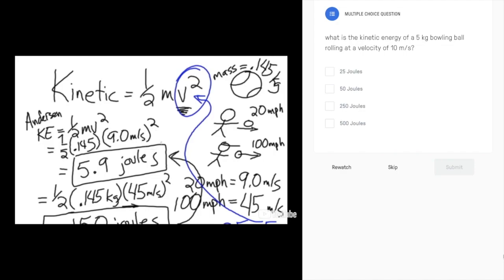So what we are going to do is, since the velocity is squared, we square the value of our velocity. So 10 squared, times 5, divided by 2, since it is 1/2 mv squared.